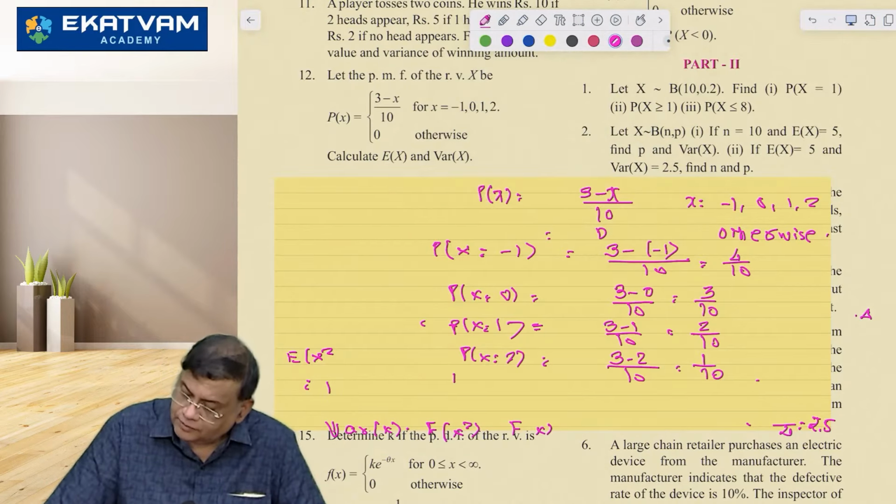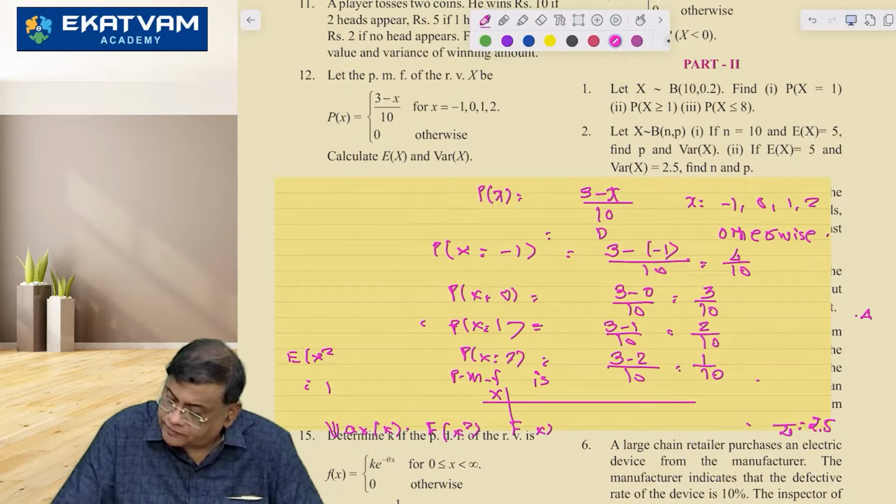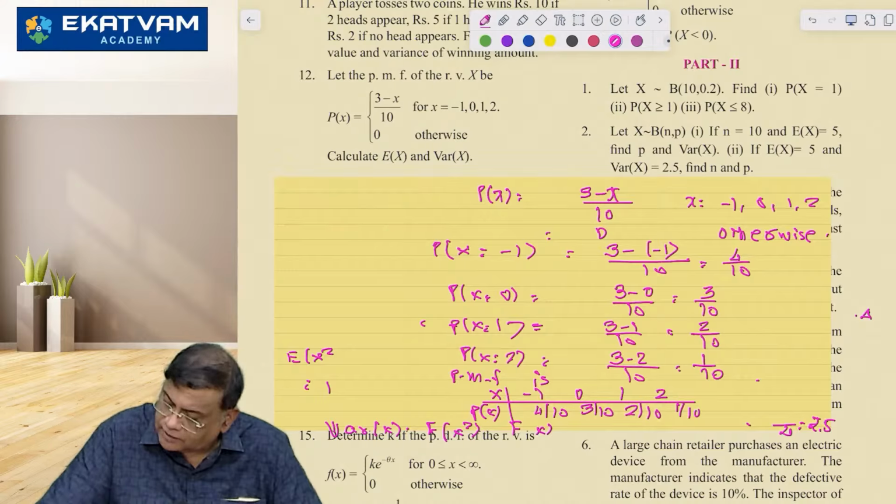Now therefore, the PMF of x is: the possible values being -1, 0, 1, 2, with probabilities 4 by 10, 3 by 10, 2 by 10 and 1 by 10.